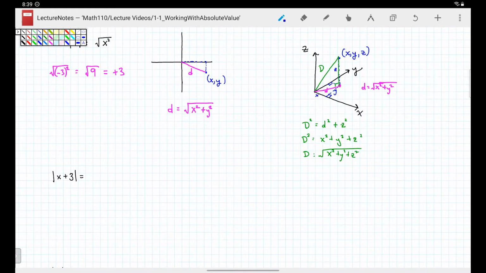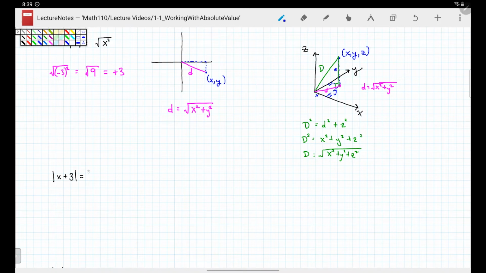So that absolute value function, if I think about that in piecewise terms, the output is going to be x plus 3 if that x plus 3 value is a positive number, and it's going to be the opposite of x plus 3 if that x plus 3 value is a negative number.